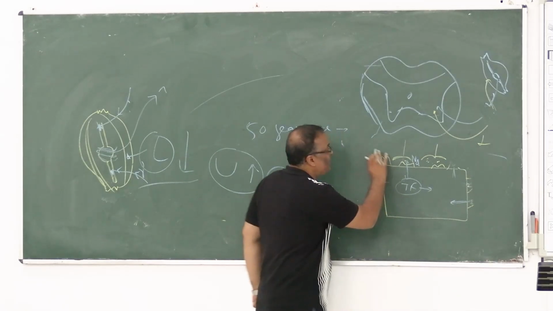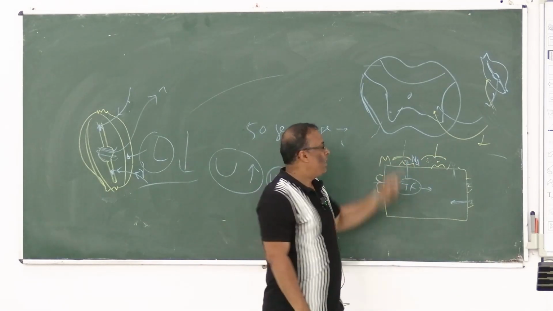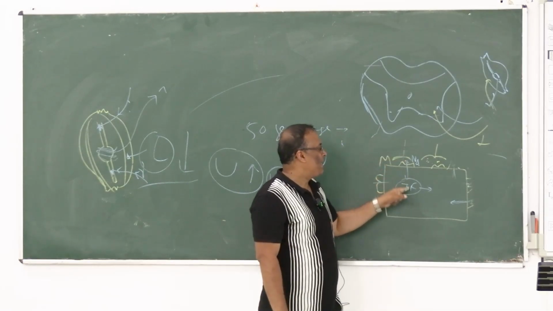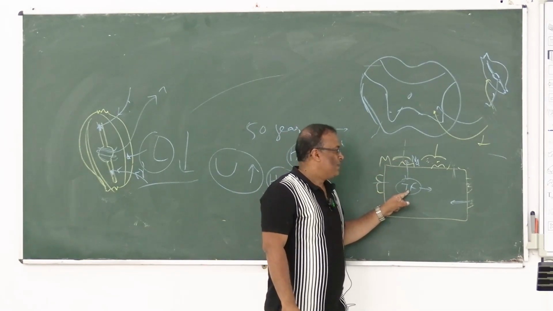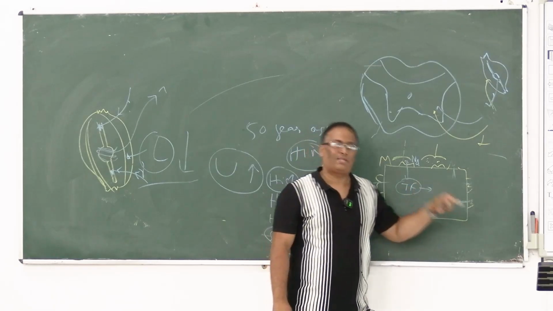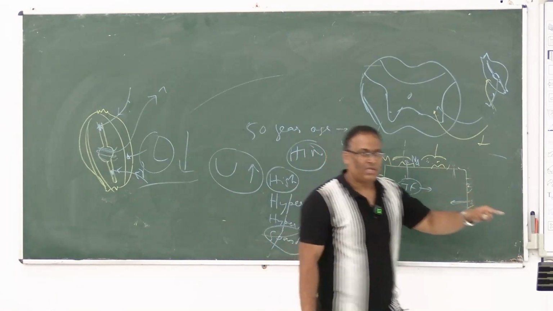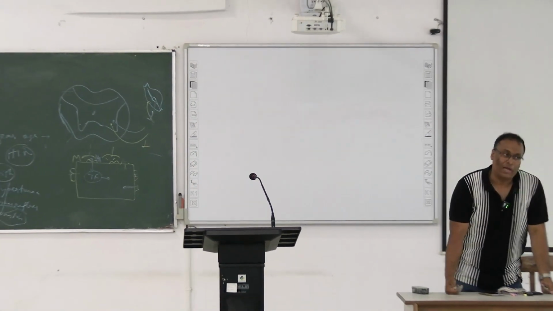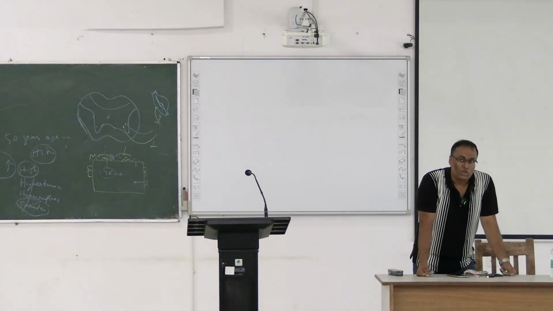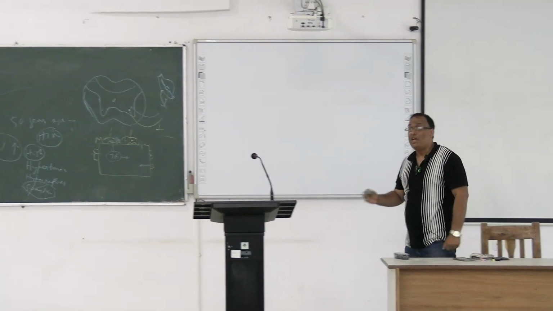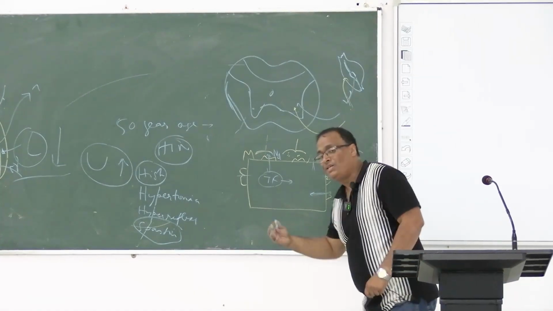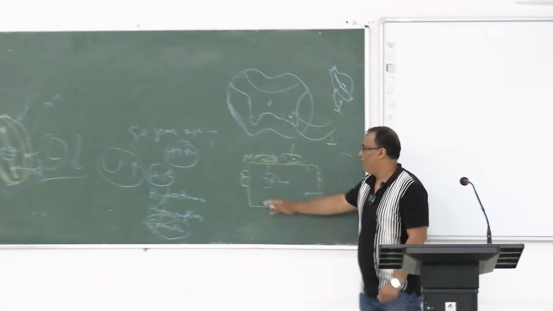So if the nerve is cut, acetylcholine will be less, then the interaction here will be less, then transcription factor stimulation will be less, translation will be less, muscle protein formation will be less, then muscular atrophy will happen. Understood?